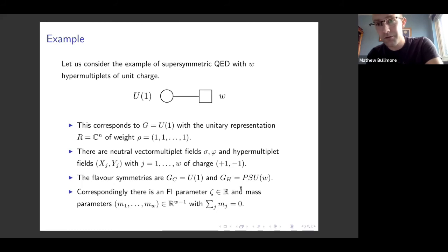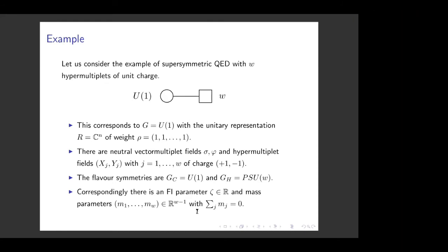Sorry, that has rank N-1. So there are N-1 masses. It's convenient to parameterize them in the following way. We have N masses, one mass for each of the hypermultiplets, and then we impose a constraint that the sum of those masses is 0. So in total, there's N-1.